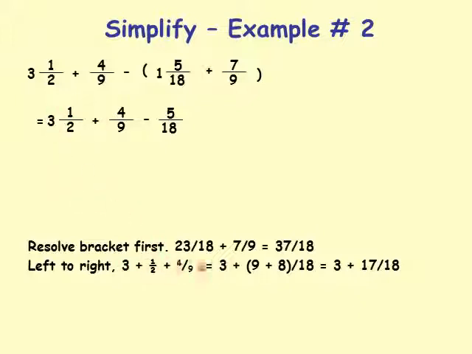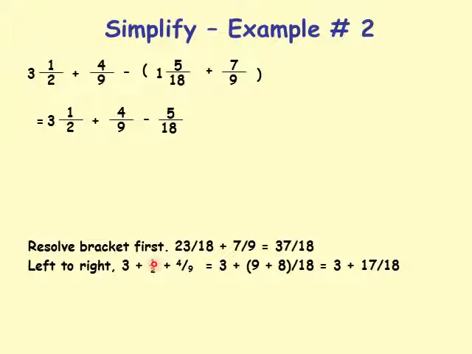Half plus 4/9 is 9 plus 8 divided by 18. I converted the fractions so that the denominator equals 18: half is equivalent to 9 over 18, and 4/9 is equivalent to 8 over 18. So that becomes 9 plus 8 divided by 18.